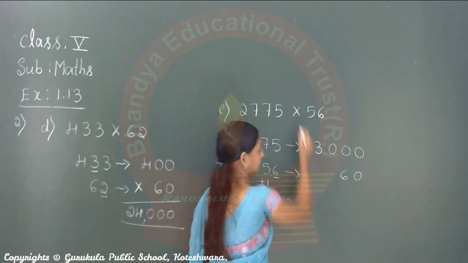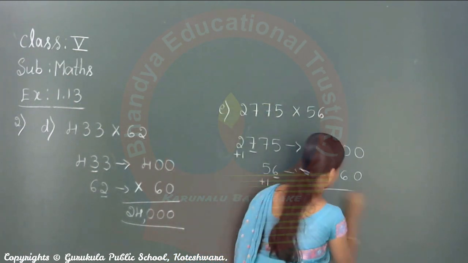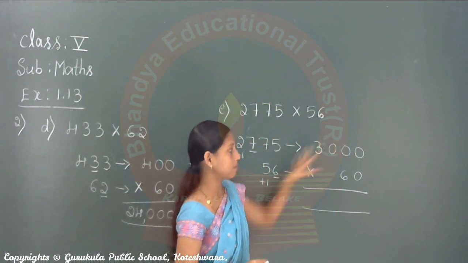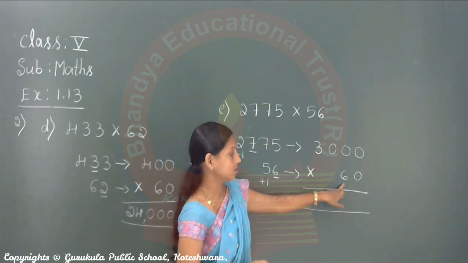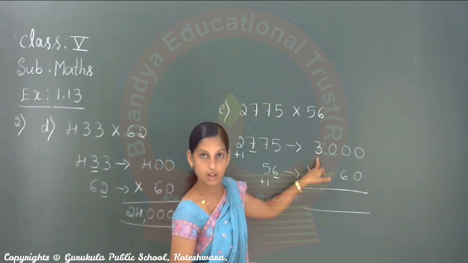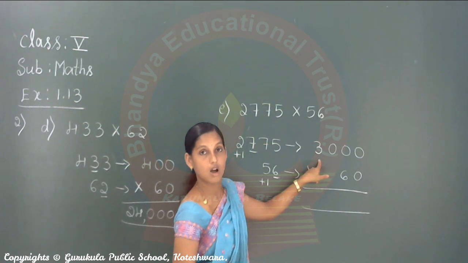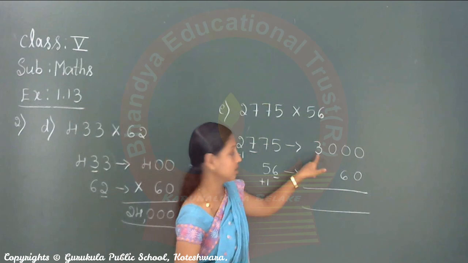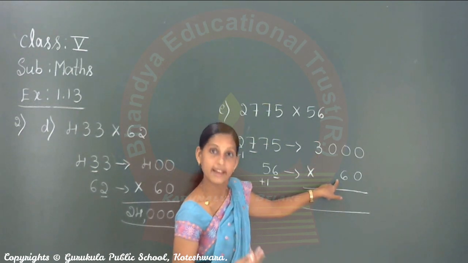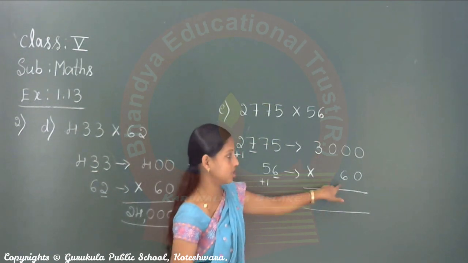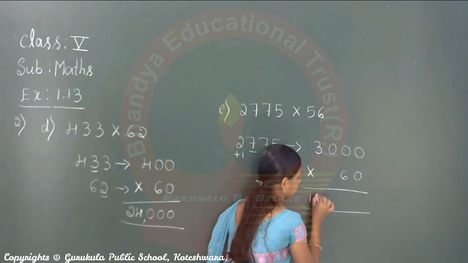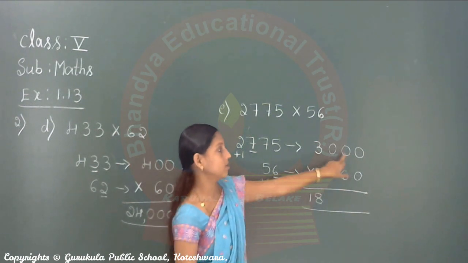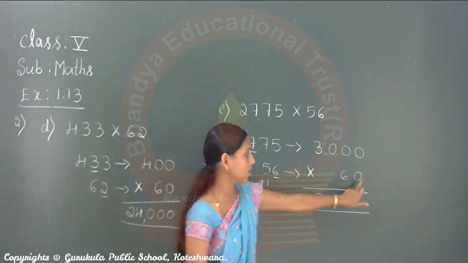Okay, multiply. Here also use the quick multiplication. What are the numbers here? 6 and 3, right? 6 threes are 18. Then how many zeros are there? 1, 2, 3, 4.